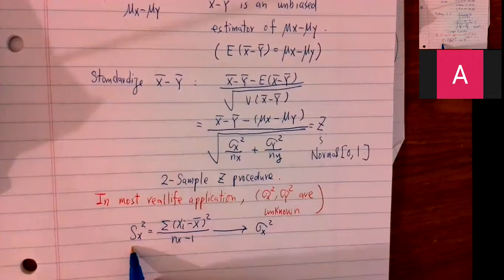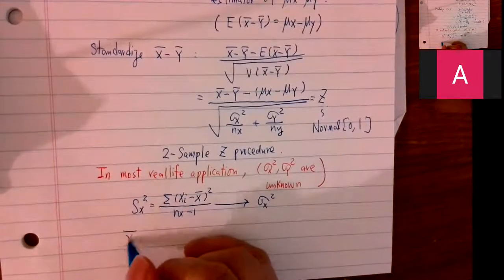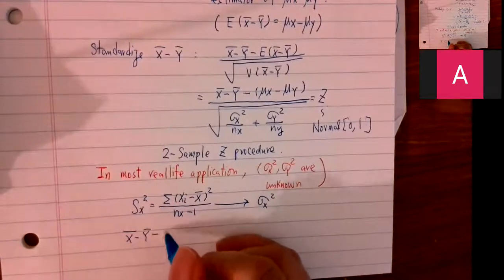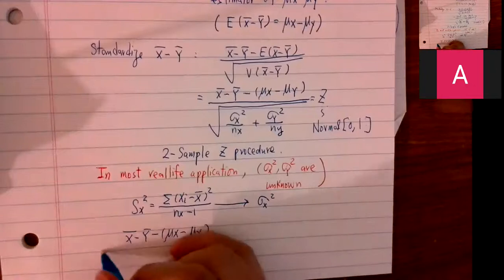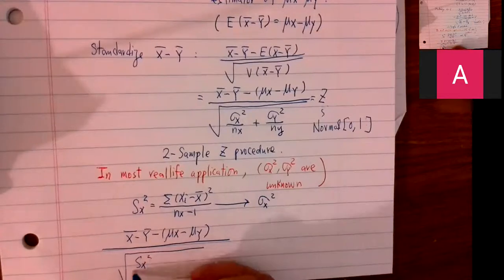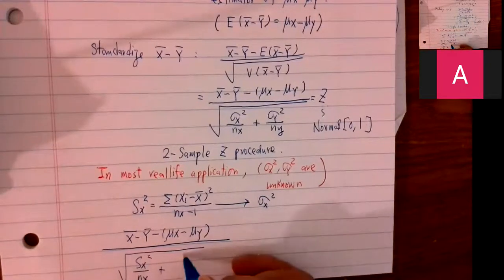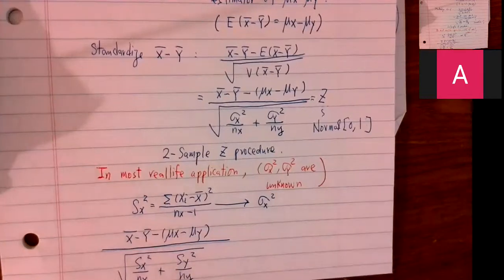Sample variance, okay? So the resulting statistic is X bar minus Y bar, subtract by mu X minus mu Y, over Sx squared over Nx plus Sy squared over Ny. Okay?